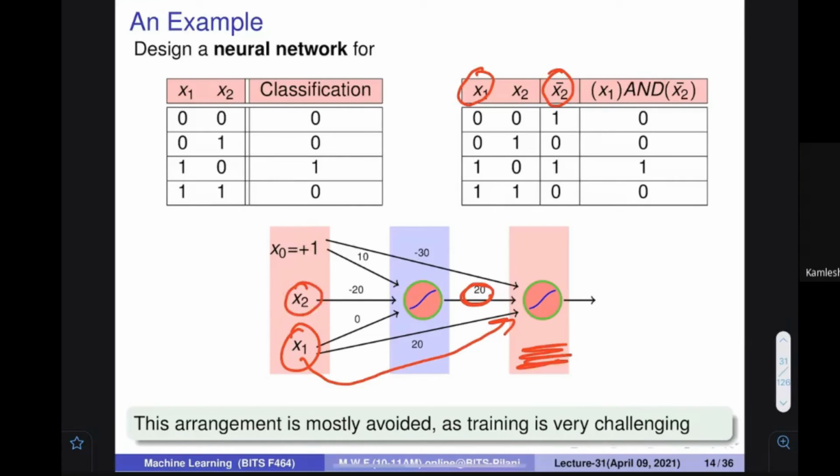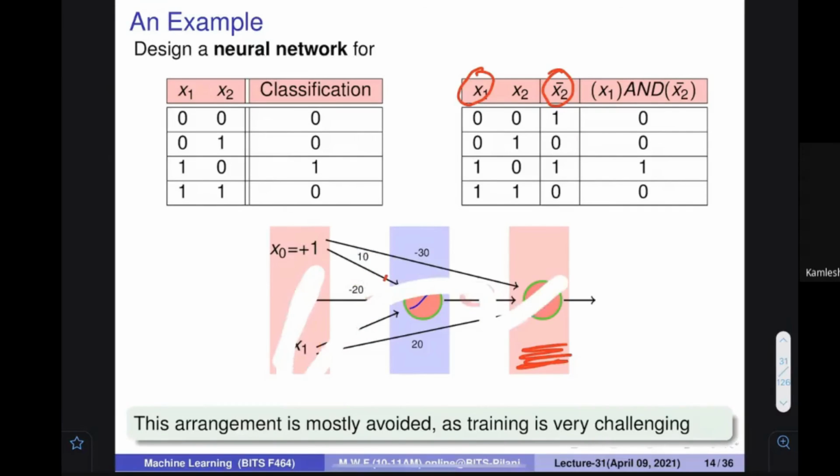If I take x2, and you know the NOT gate is minus 20 and 10, if you supply this and put a perceptron over here where the weight is 0, so that I'm not going to consider this, then this perceptron is going to give you the negative of x2.